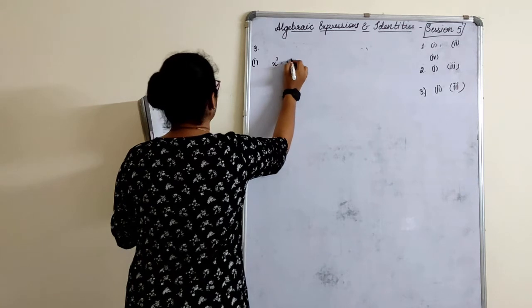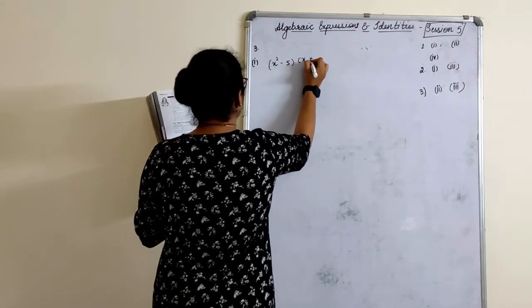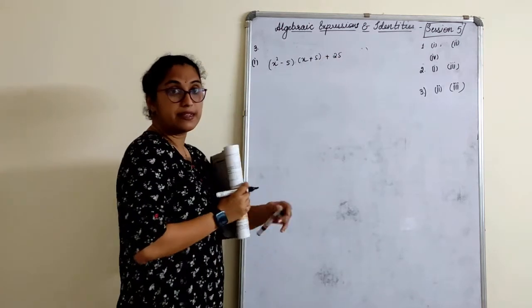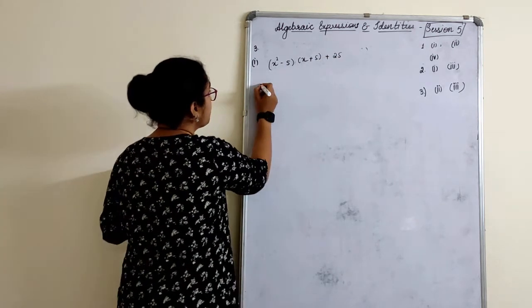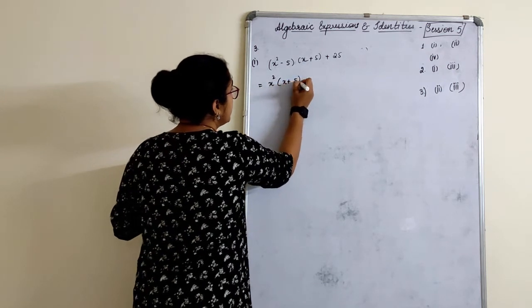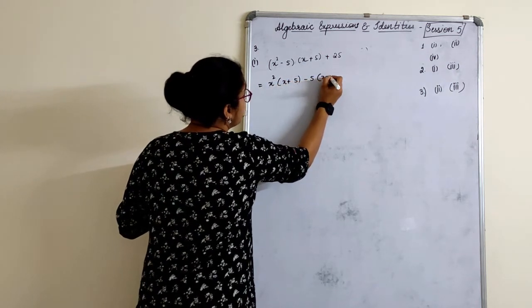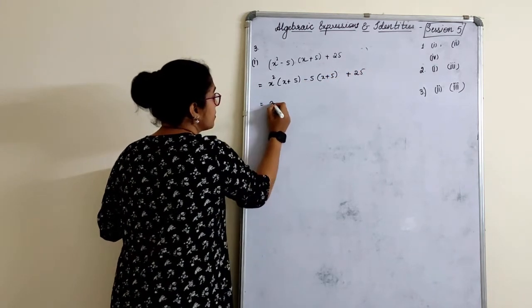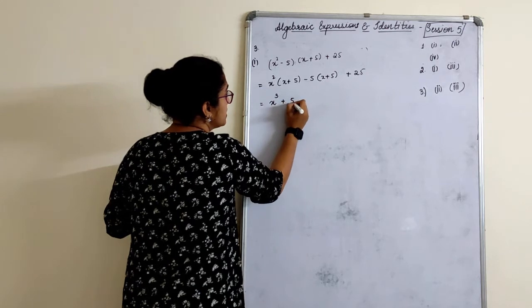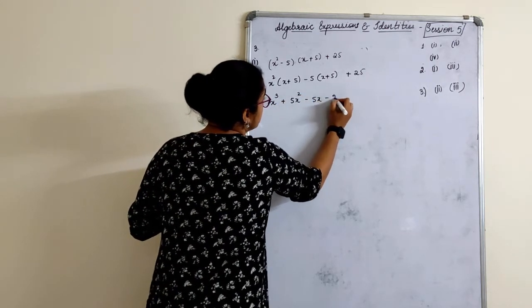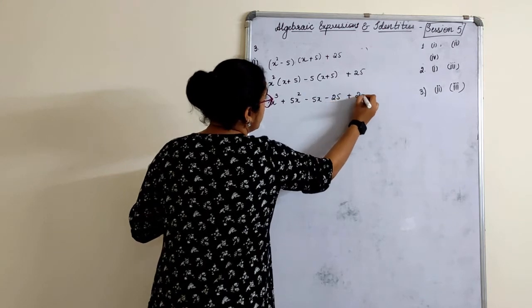x square minus 5, x plus 5 plus 25. Plus 25 is to be kept as it is. Only touch the binomials now. x square of x plus 5 minus 5 of x plus 5 plus 25 as it is. x cube plus 5x square minus 5x minus 25 plus 25.